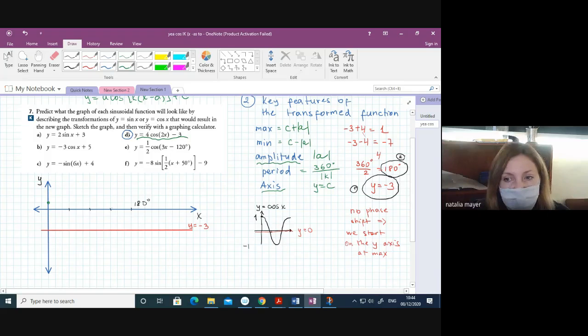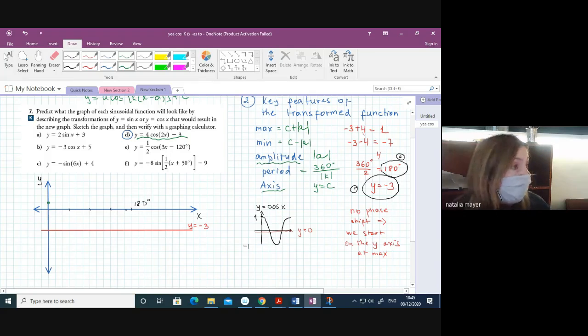Now, where is the second point of the cosine function? On the axis. So it's going to be somewhere here. If it were on 90, it will be on 45 because it's compressed by half. It's worth remembering that there are 4 identical segments.